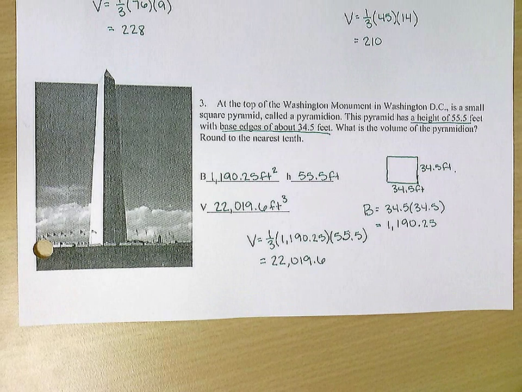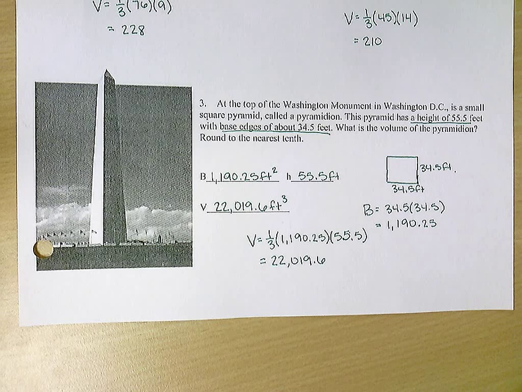Again, we're still finding this capital B value and this H value in order to find the volume. Since it's a pyramid, your volume formula is a little bit different. You have that 1/3 piece because we only have one base in a pyramid, whereas when we were finding the volume of a prism and a cylinder, you had those two bases.